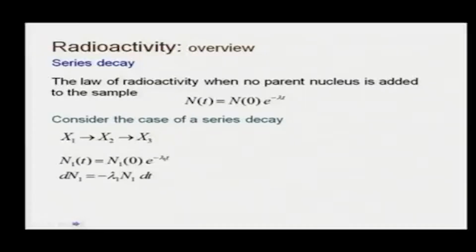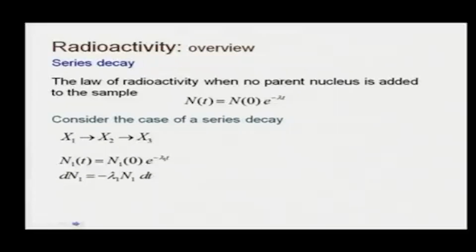For a given sample, you start with some sample of x1 at t equal to 0, pure x1, no x2 or x3 in it, and you do not add any more x1 nuclei into it.